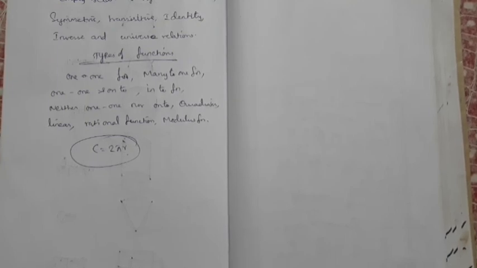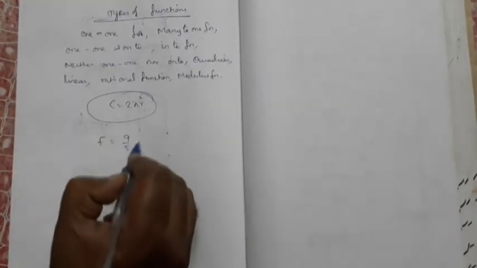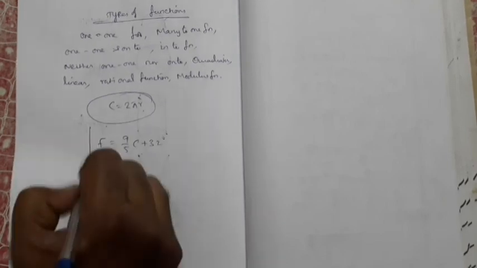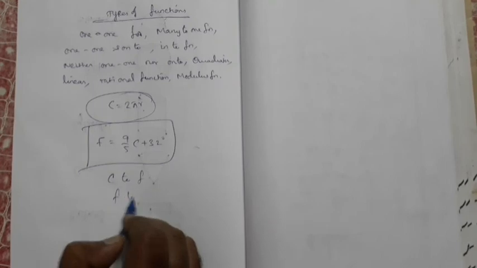In thermometers, there are two types of thermometers. We use the Celsius thermometer as well as the Fahrenheit thermometer, isn't it? In India we use the Celsius thermometer. In the United States, they use the Fahrenheit thermometer. If you take the function F is equal to 9 by 5 C plus 32, see, this is a function to convert from Celsius to Fahrenheit or from Fahrenheit to Celsius.